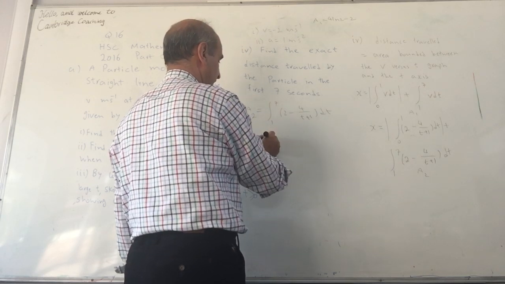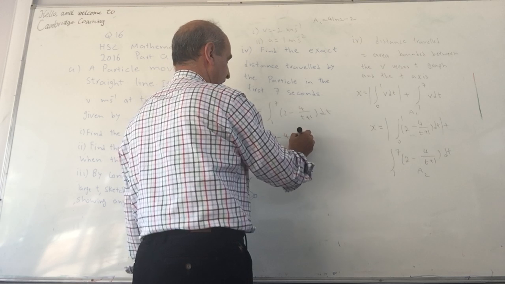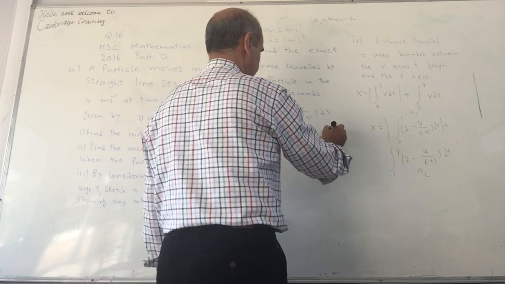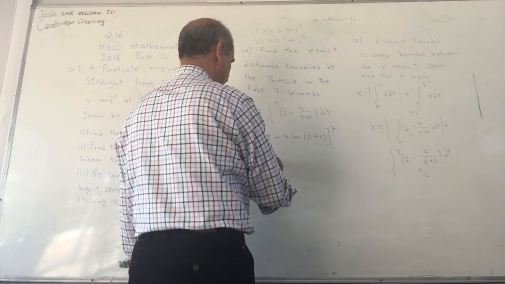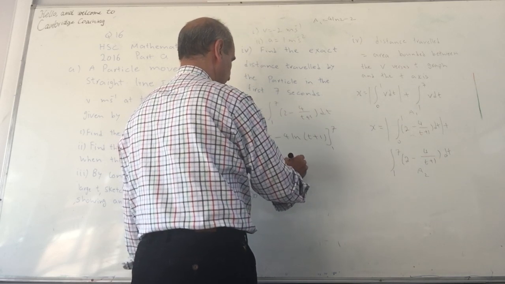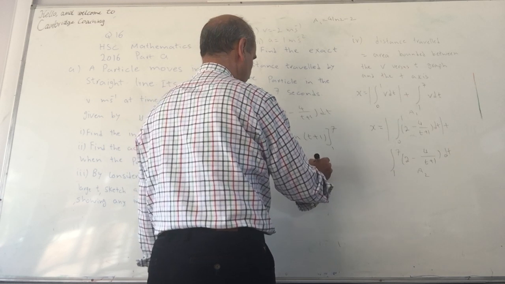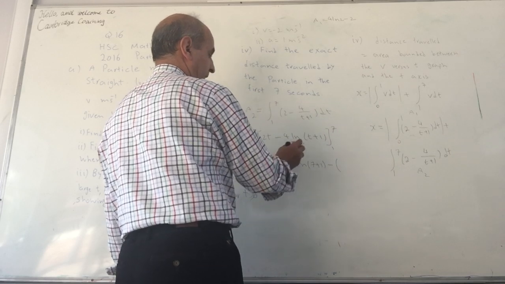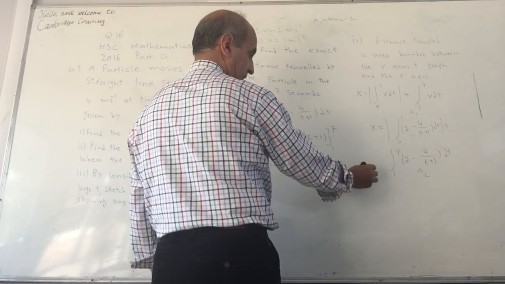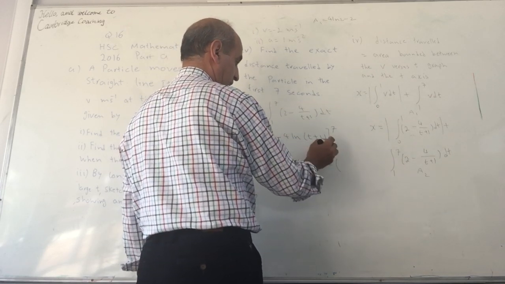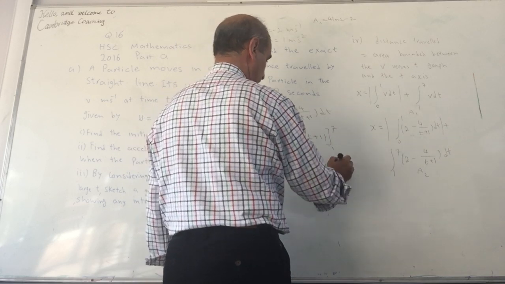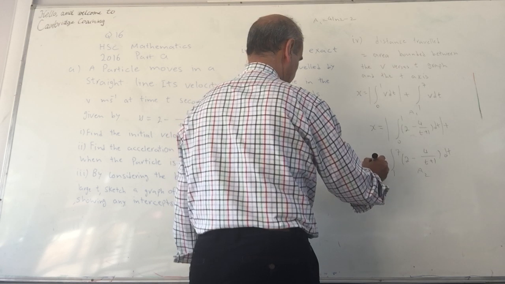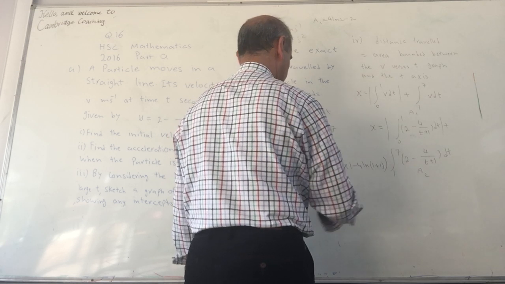Again, the integral of that is 2t minus 4 ln of t plus 1, from 1 to 7. So I sub in 7: 2 times 7 minus 4 ln of 7 plus 1. Then minus, now I sub in 1, and I have to put it in brackets because I'm taking away the whole thing: 2 times 1 minus 4 ln of 1 plus 1.